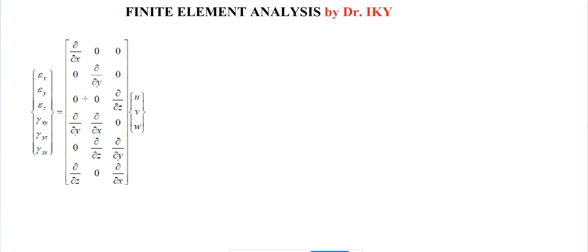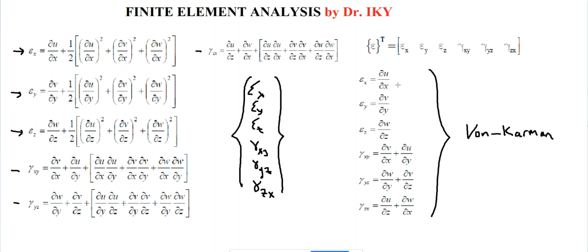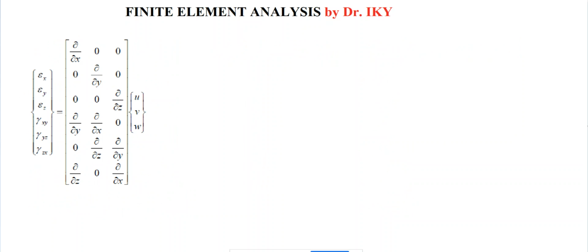This is a strain vector, and the open form we have written, if you remember: du over dx, dv over dy, d omega over dz. These are the strains.